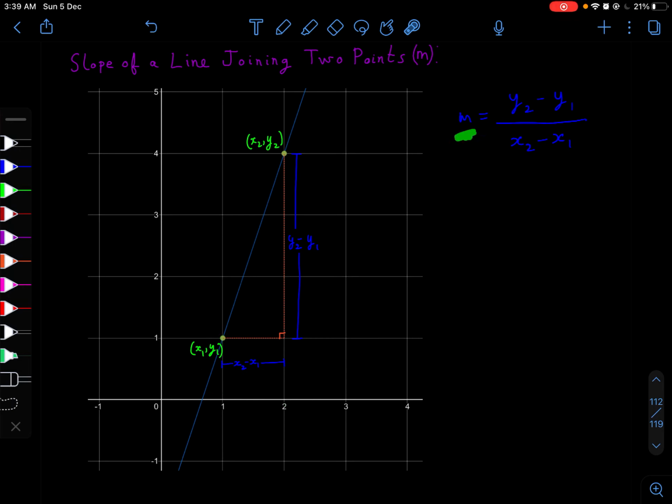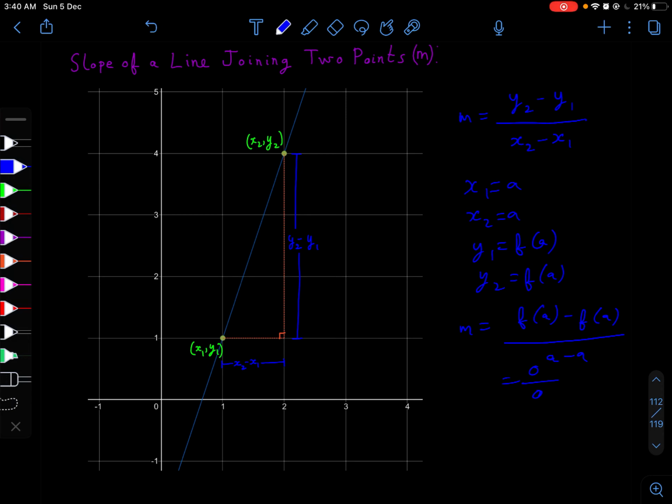If I substitute that into the formula for m, then x1 will equal a, and because I'm putting the same point, x2 will equal a as well, and y1 will equal f of a, and y2 will also equal f of a. Substituting that into the formula for m, we get f of a minus f of a, the whole thing divided by a minus a, which gives 0 divided by 0, and which isn't really useful here.